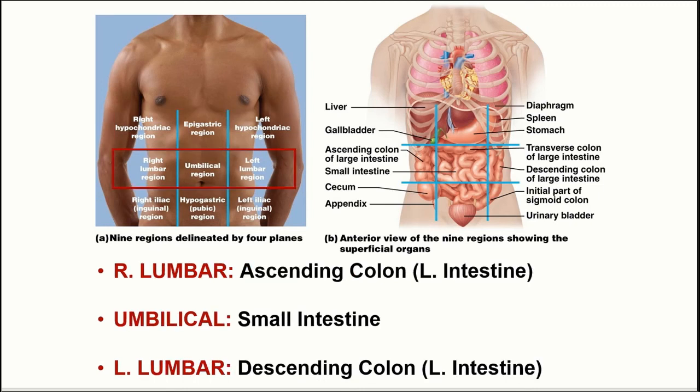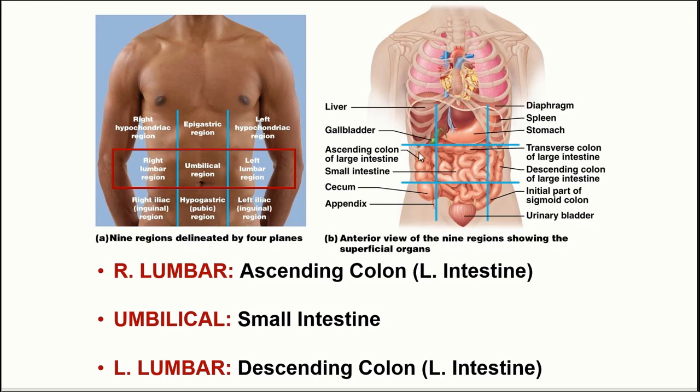Moving towards the center of the abdominal pelvic regions, the right central region is called the right lumbar region, and it contains a part of the large intestine called the ascending colon. Now, the large intestine essentially borders and frames the small intestine because the small intestine is more centrally located within the umbilical region.